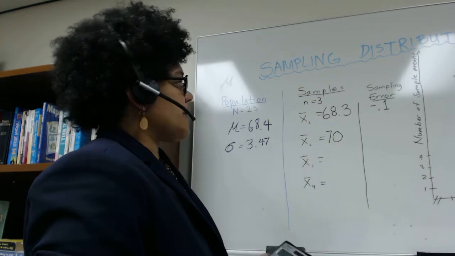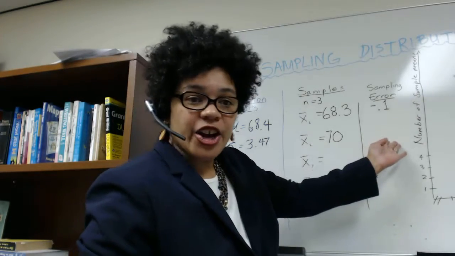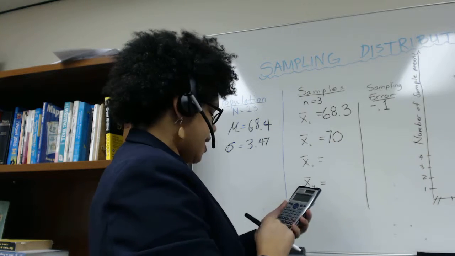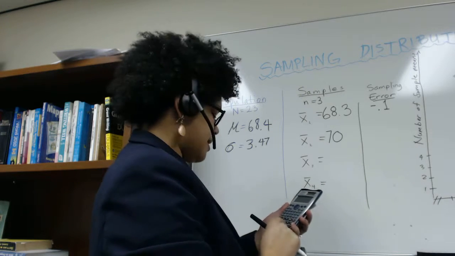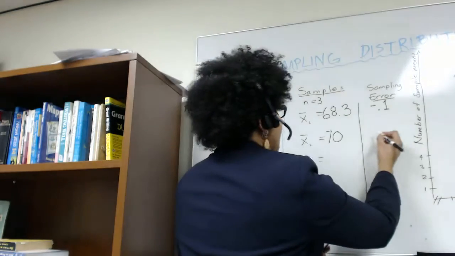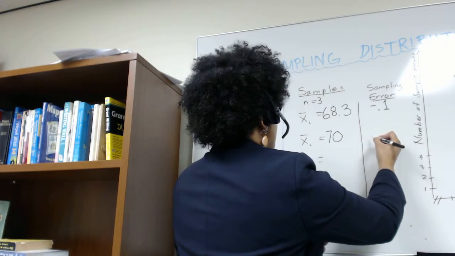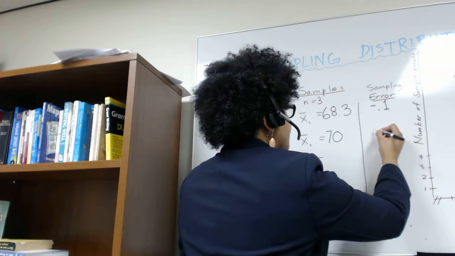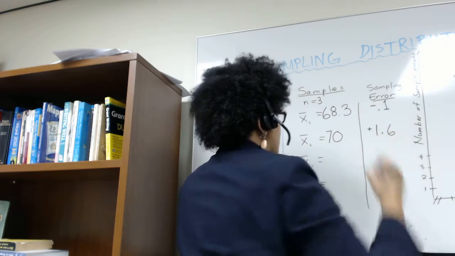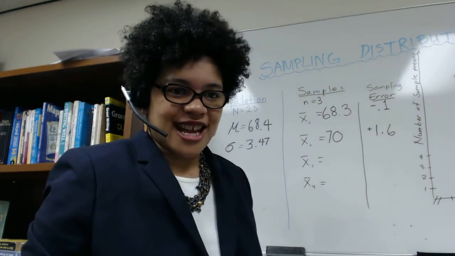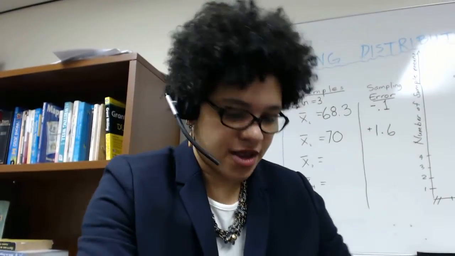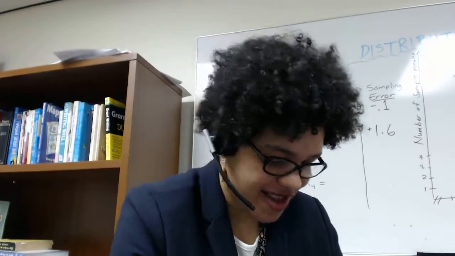Now if I want to see what the sampling error is, I'll do 70 minus 68.4 equals 1.6, and this is positive. Got that?